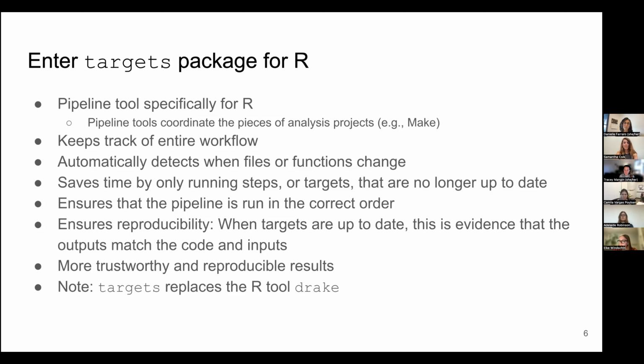This is a direct quote from one of the sources, so I want to give credit to that: when targets are up to date, this is evidence that the outputs match the code and the inputs. So that's great. We can be a little bit more confident that we have trustworthy and reproducible results at the end. And just as a note for anyone who's used the Drake package, the targets package is replacing the Drake package.